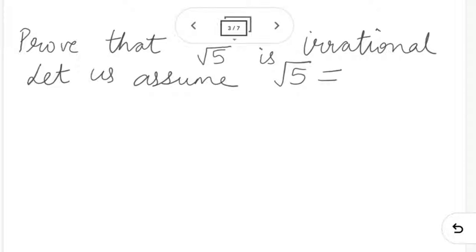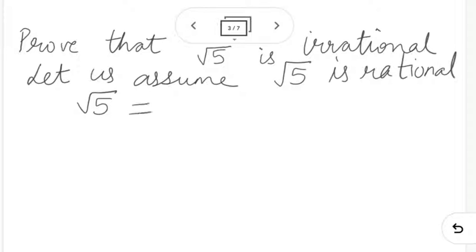So first of all, let us assume that root 5 is rational. If root 5 is a rational number, then we know each rational number can be written as P by Q, or we can take any two alphabets, or A upon B, whatever you want to write.